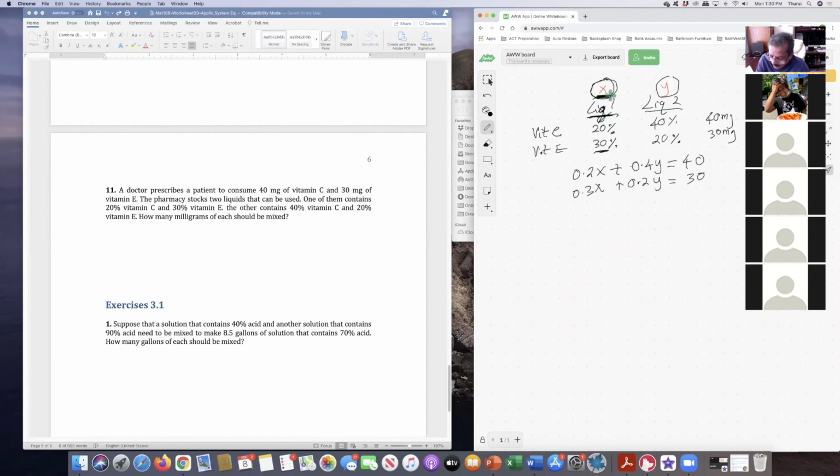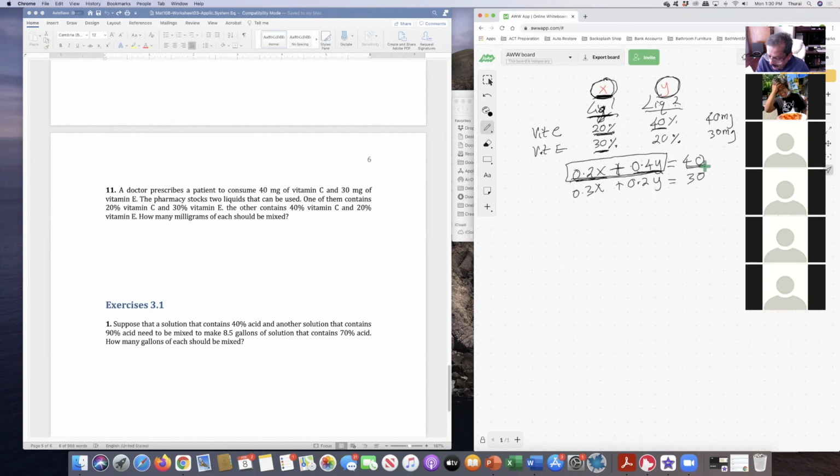X is the volume of liquid 1 he or she is drinking, and 20% of that is vitamin C. So 0.2 times X is the vitamin C coming from that. Plus, vitamin C coming from liquid 2 is 0.4 times Y. So this expression gives you the total vitamin C that this patient is consuming, and that should be equal to 40.